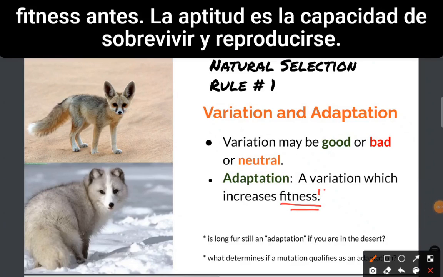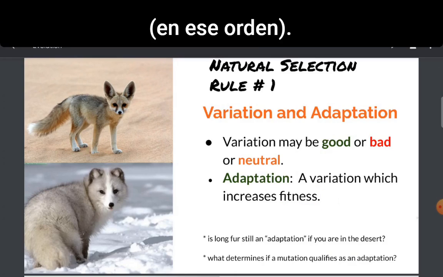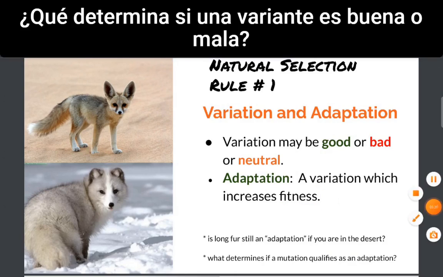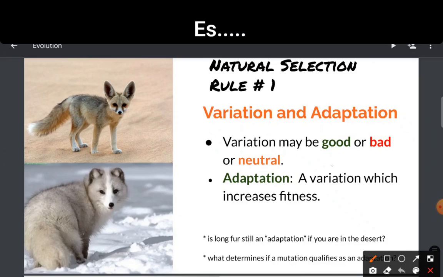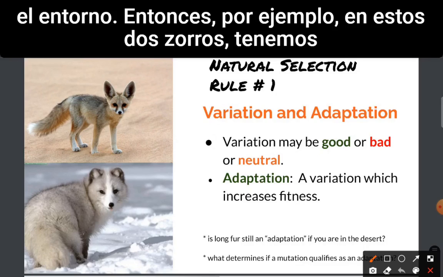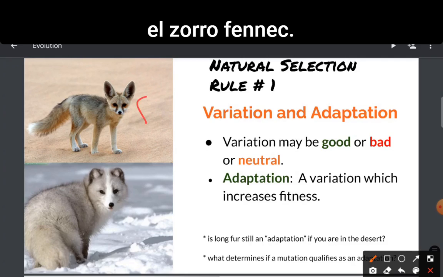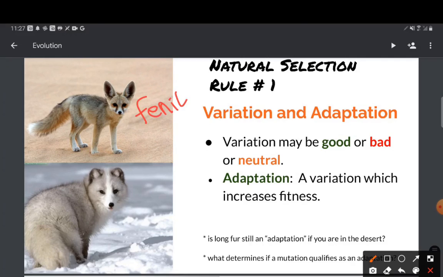We've talked about fitness before. Fitness is the ability to survive and reproduce in that order. What determines if a variant is good or bad? It is the environment. So for example, in these two foxes, we have the fennec fox and we have the Arctic fox.